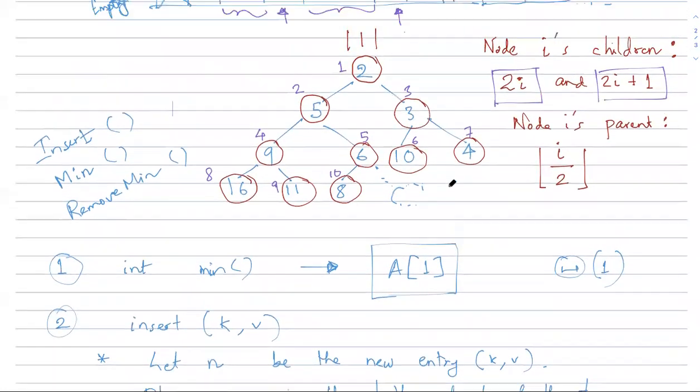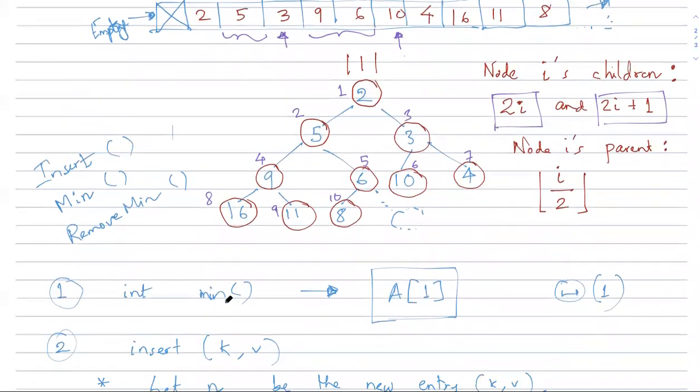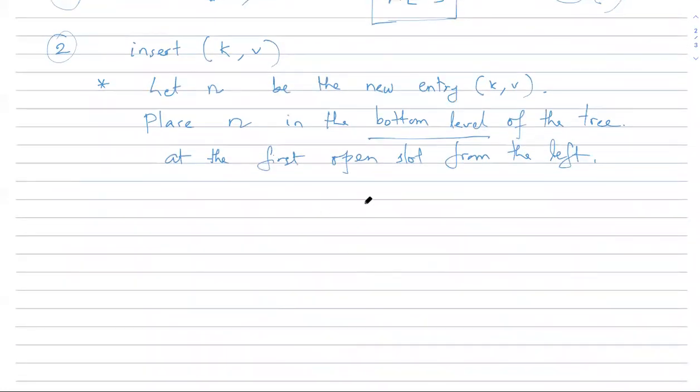Now, another possibility that can exist is that you're done with this level, in which case you might be adding a new level. So one possibility is that you are just adding on to a given level, or you start a new level with the leftmost entry.